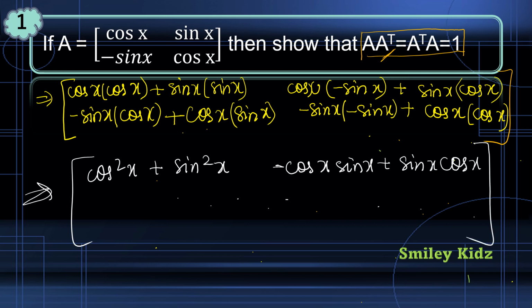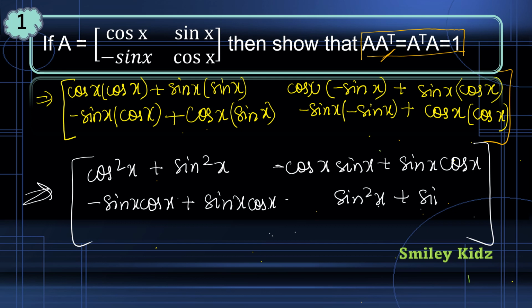Then here I am going to have minus sin x cos x plus sin x cos x. Then my fourth element will be sin square x plus cos square x.